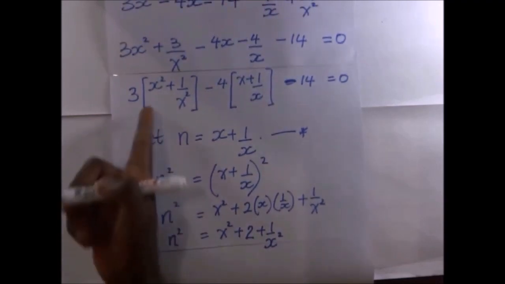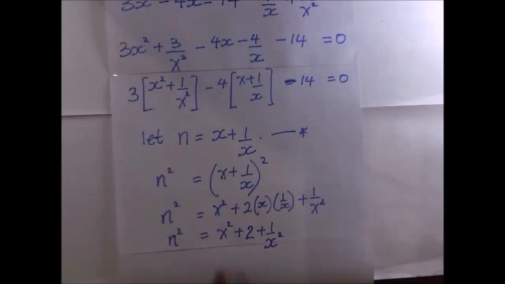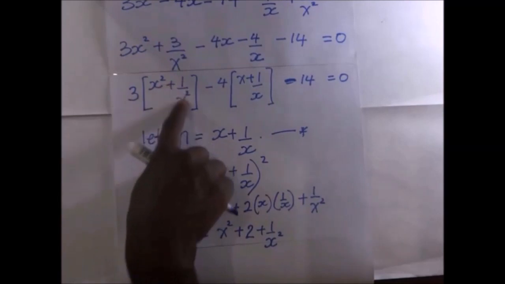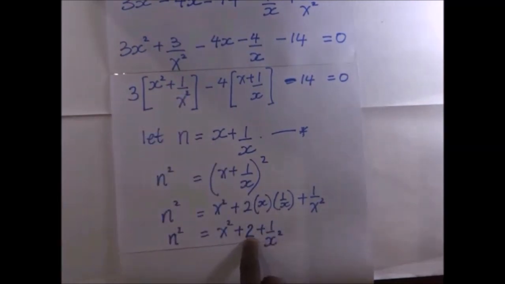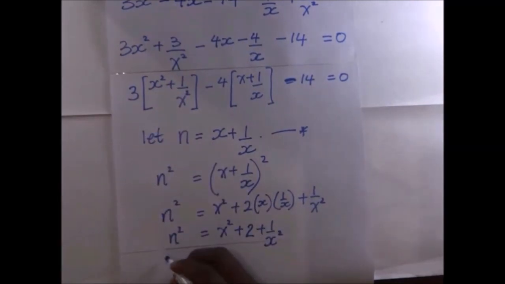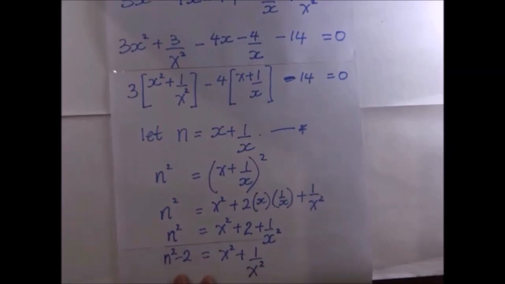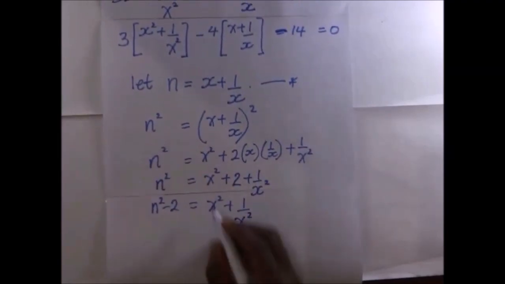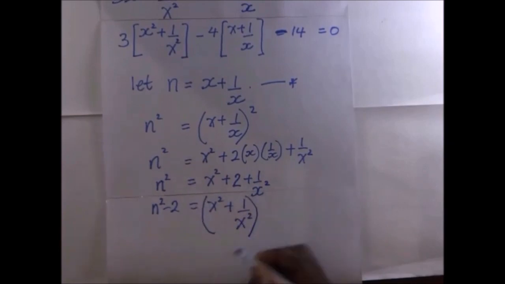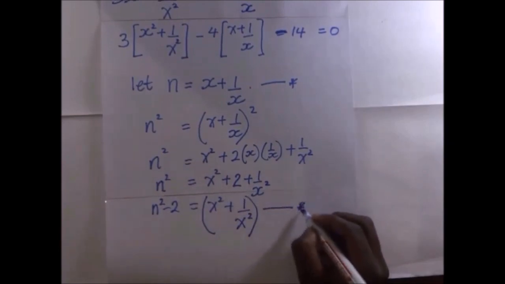For us to put this only on this side, this 2 comes to that side. So it becomes n squared minus 2 is giving us x squared plus 1 over x squared. So meaning that we have that expression as well.